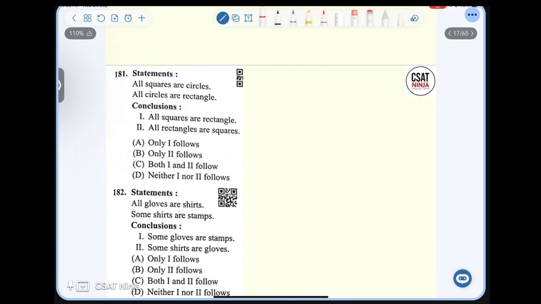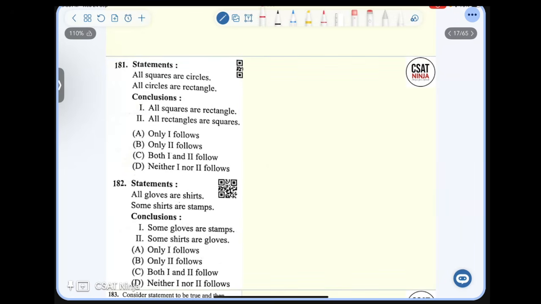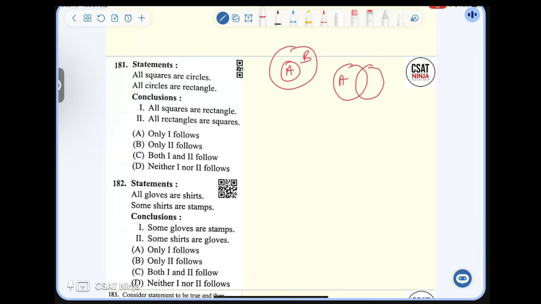Okay, syllogism. When we talk about syllogism, I'll just give you a concept here. There are certain ways to solve, but for me, I feel the Venn diagram method is the best and the fastest way. When I say all A are B, I'll just write A inside B. And if I want to write some A are B, I'll just share some space here.